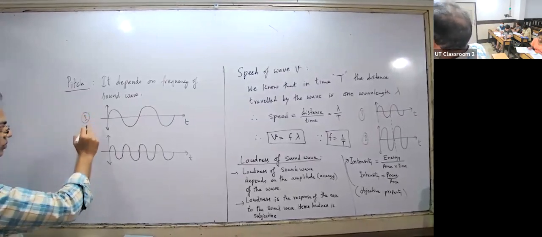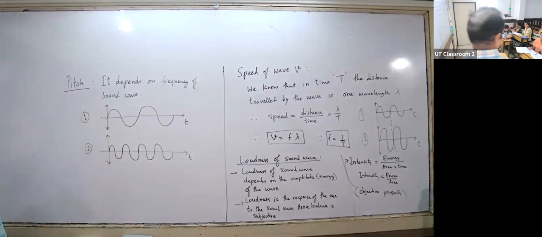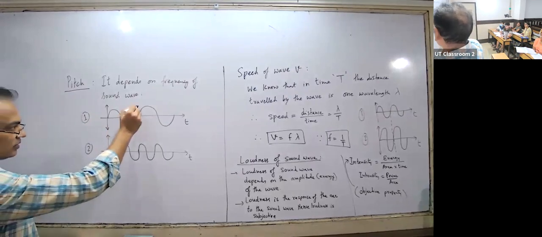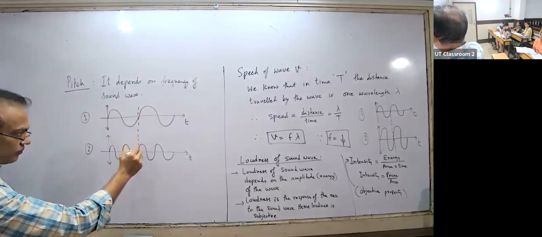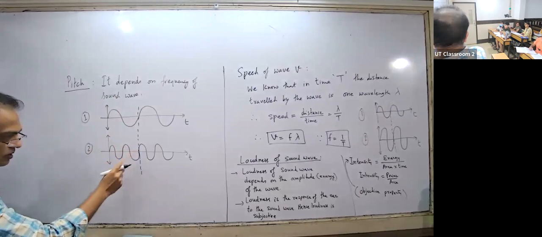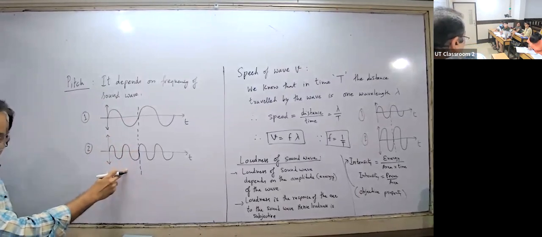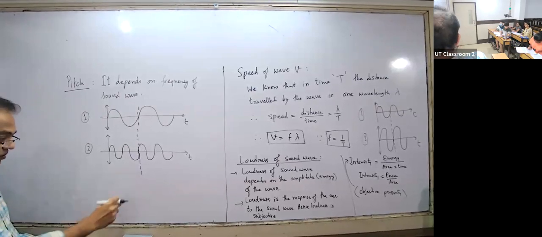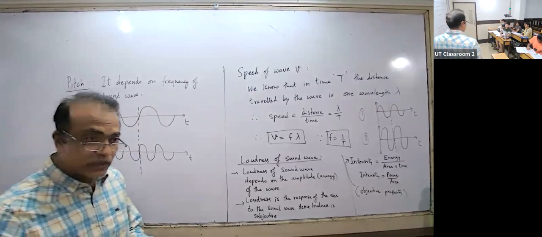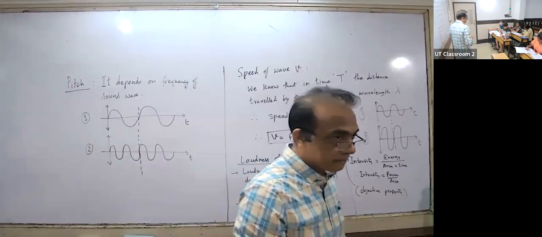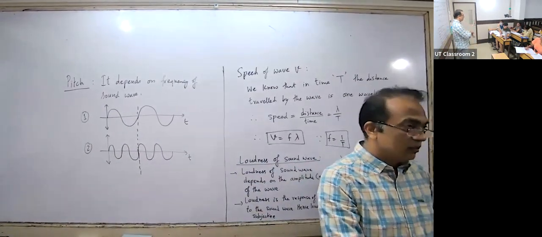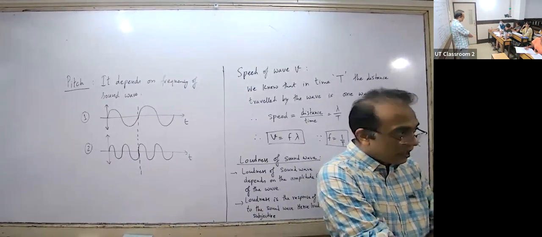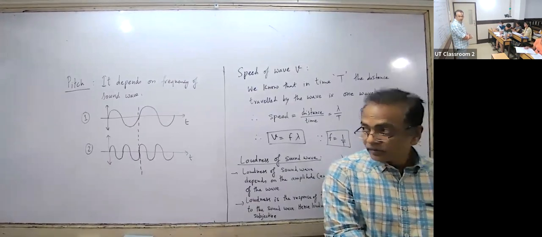First one is a higher pitch. Which has more waves in the same time? So in this much time, 2 waves are completed. So this has higher frequency, high pitch, right? So sounds are different because of their frequency. So male voice has low frequency. Female voice has high frequency, right?